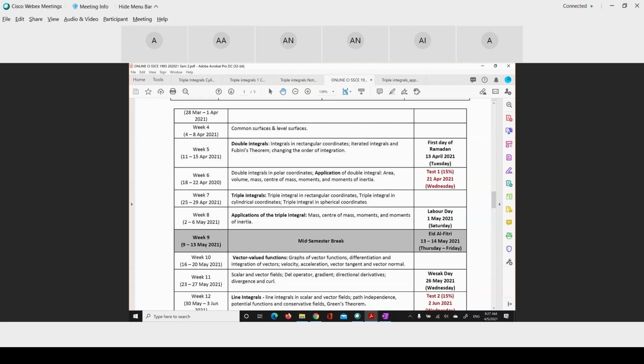Next week is a mid-semester break. Following the mid-semester break, we will start with a new topic called vector valued functions, that is, vector calculus. All the topics after the semester break are related to vector calculus. You will see vector integrals called line integrals, then surface integrals.